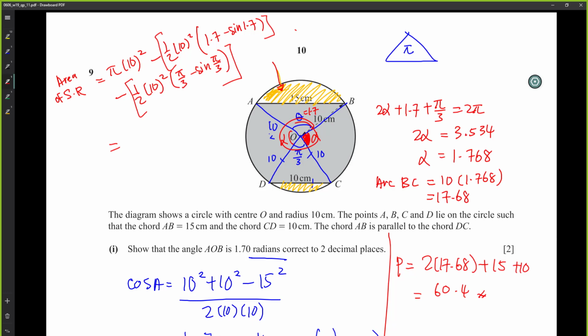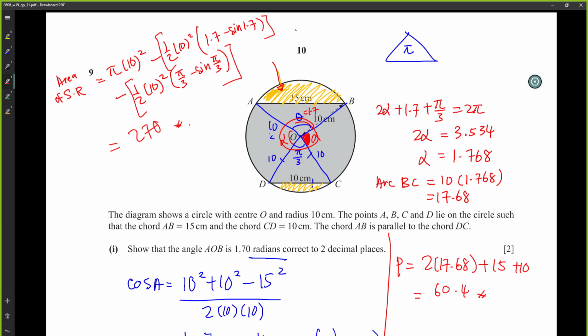Yeah, it's correct, I just worried I typed it wrongly. Minus sine pi over 3. So yeah, I will get 270 as my final answer after I round off to 3 significant figures.